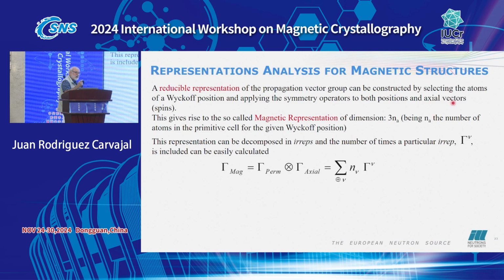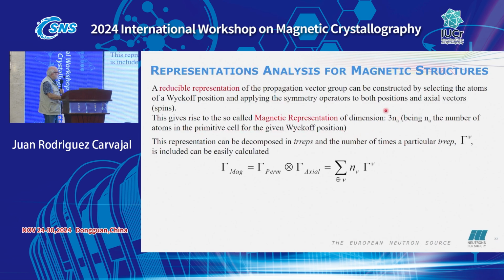You can put displacement vectors, in which you apply that to polar vectors, for studying distortions. If we do that, this gives rise to the so-called magnetic representation of dimension 3Na, being Na the number of atoms in the primitive cell for the given Wyckoff position.